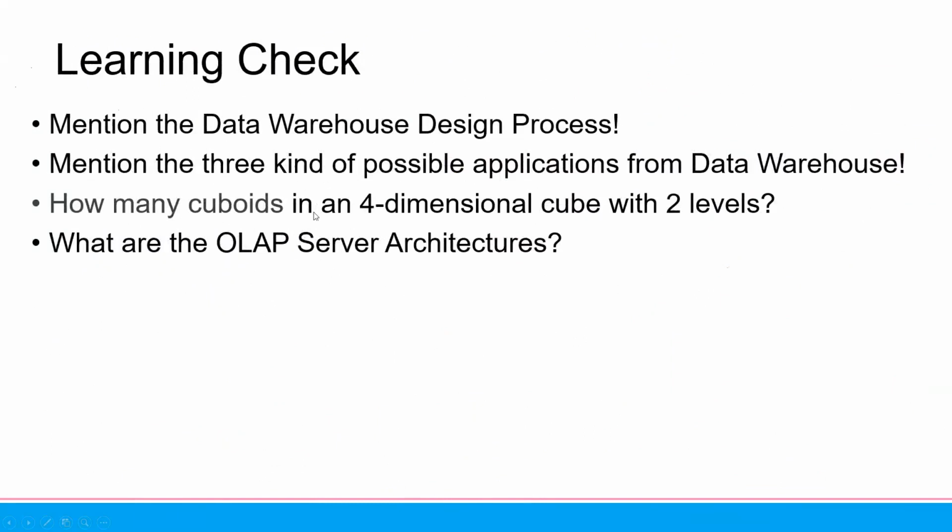And how many cuboids are in a 4-dimensional cube with 2 levels? This is n dimensions, and the level is L. Based on the formula, we will do Li plus 1. Based on this problem, every dimension will have 2 levels.